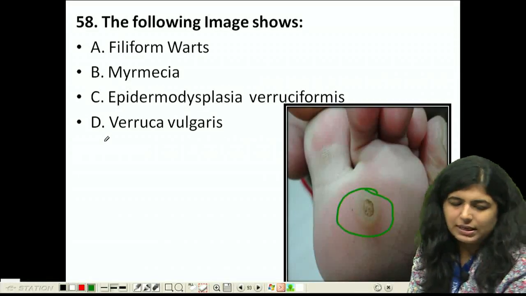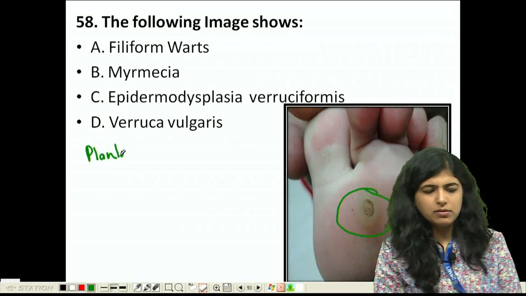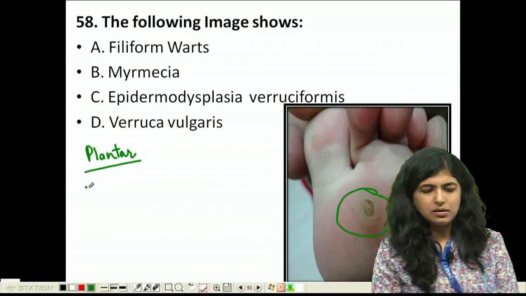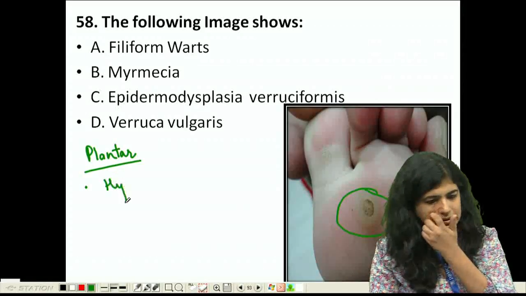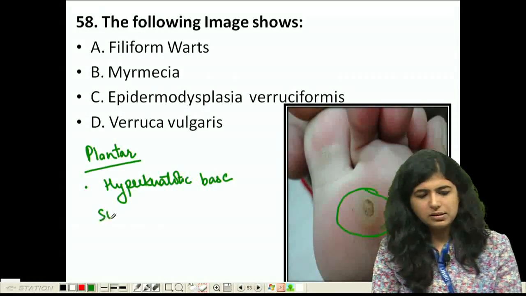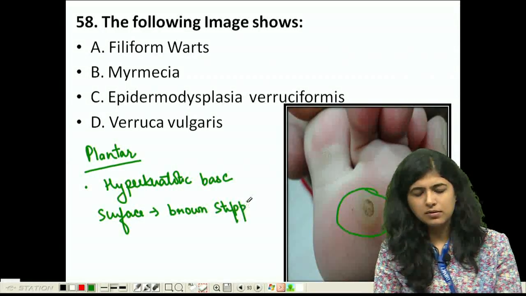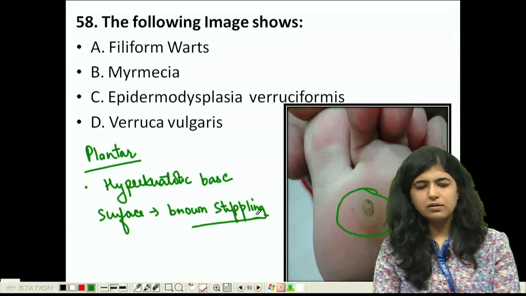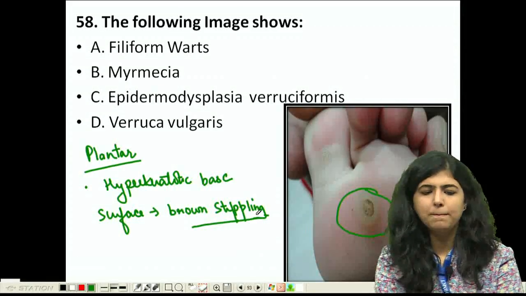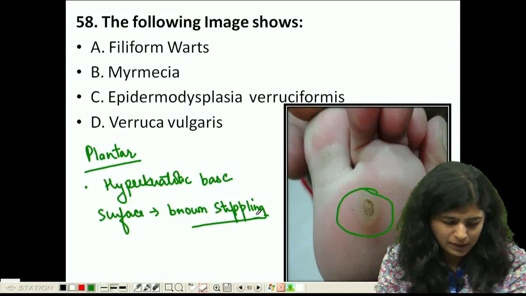The image tells you that they are talking about a lesion on the plantar aspect which has a hyperkeratotic base, and the surface shows brown stippling. This is a lesion on the base of the foot on the plantar aspect.